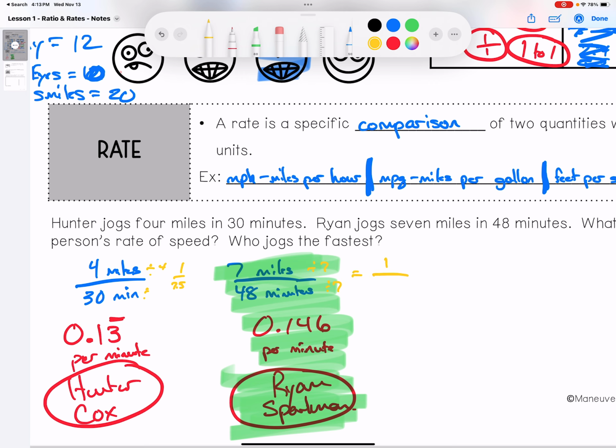Got it to 1, and then you could have got that to 6 point something. Well, if he jogs 1 mile in 6 minutes and something, and he jogs 1 mile in 7 minutes and something, Ryan is still faster. So you could have done it either way. Or you could have just divided the top number by the bottom number. Either or.